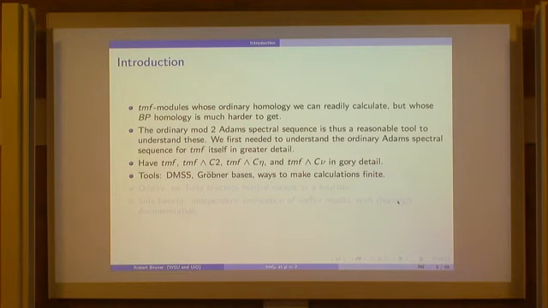There are other approaches. Then once you've got Ext over A(2), you could just start calculating away until things appear to be stabilizing and hope you're done. Or what we did was we actually used Gröbner basis techniques and things to actually turn this into a finite calculation so that we could provably say we are done.